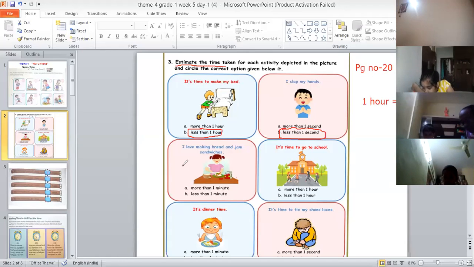So how much time will it take if you are making a sandwich? More than 1 minute or less than 1 minute?